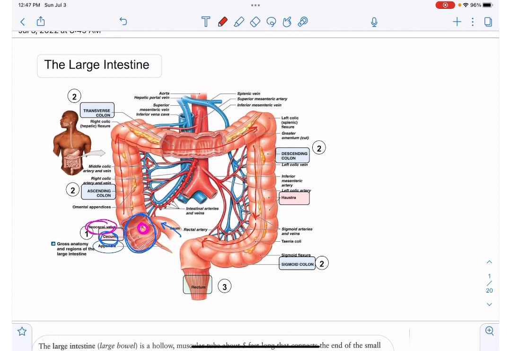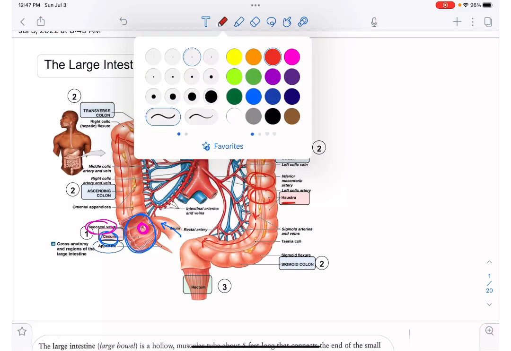And if you notice, the colon is broken up into these individual pouches that we call haustra. And this indigestible food material is going to spend a lot of time in these haustra. So what's going to happen in there?